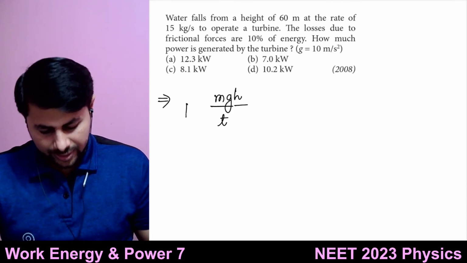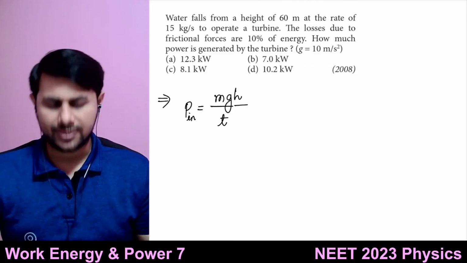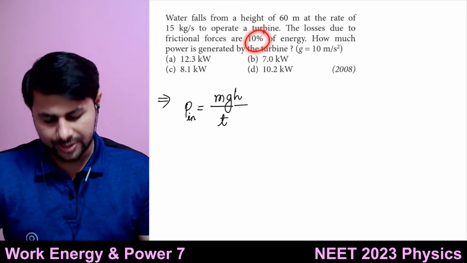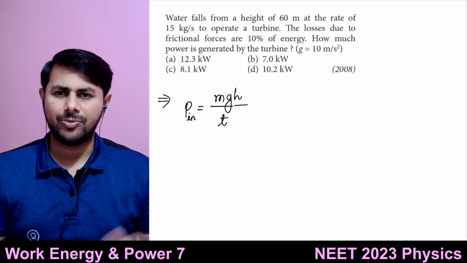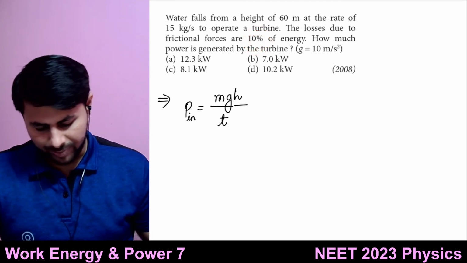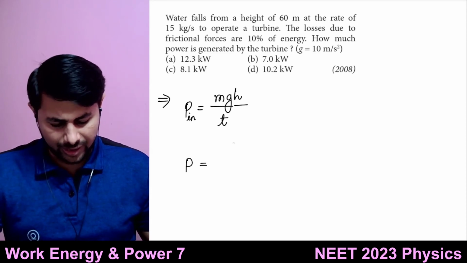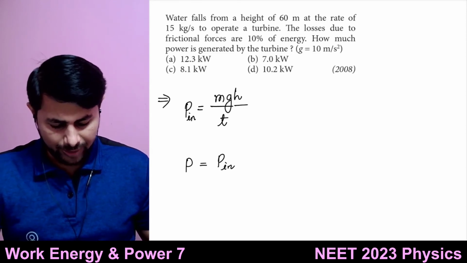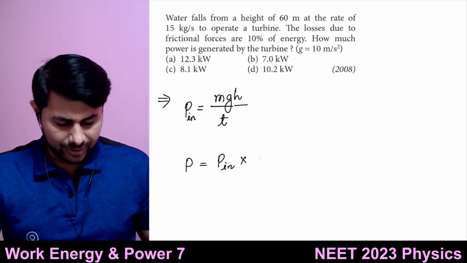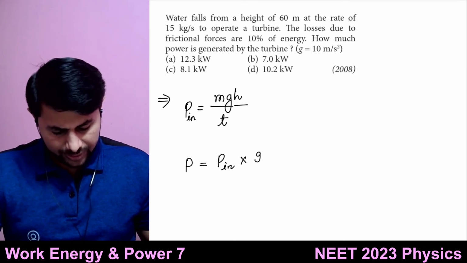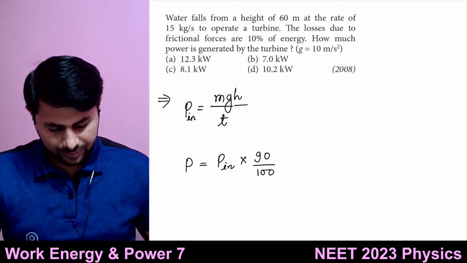So this is the input power, you can say. And since there is 10% loss, how much power would be delivered? So power delivered to the turbine, P, will be equal to input power multiplied by 90% because 10% is lost. So 90 upon 100.